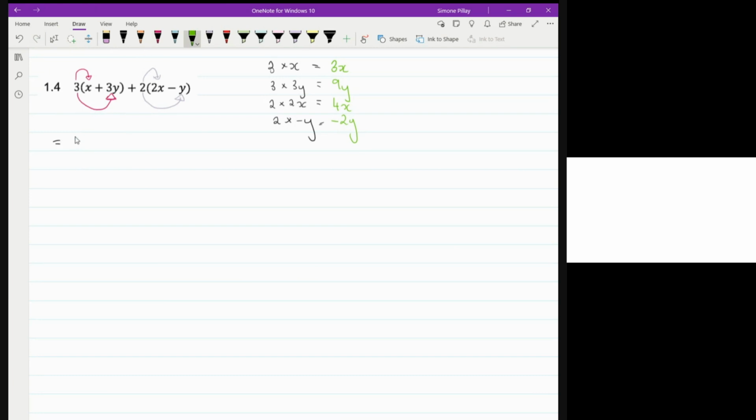And then we're going to say 3x plus 9y plus 4x minus 2y. And then we're going to group our like terms, which is 3x plus 4x. And then we have 9y and negative 2y. And then 3x plus 4x is 7x.